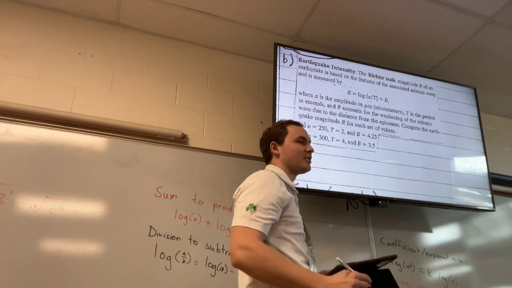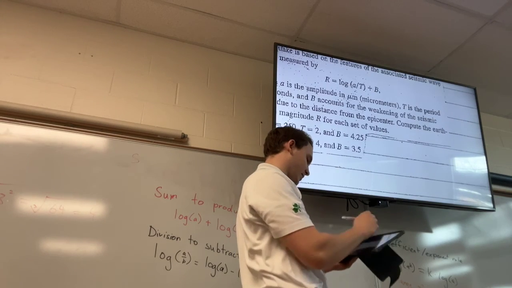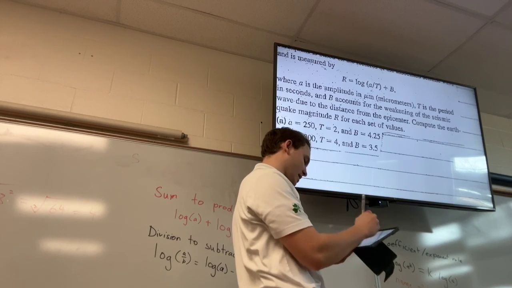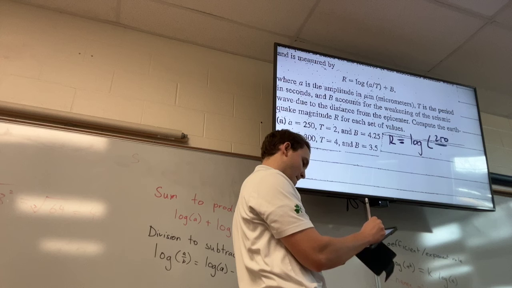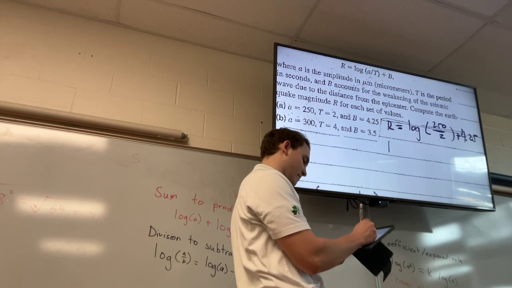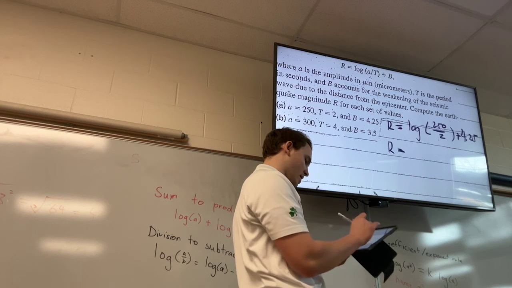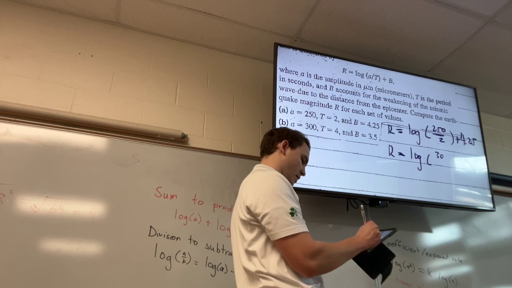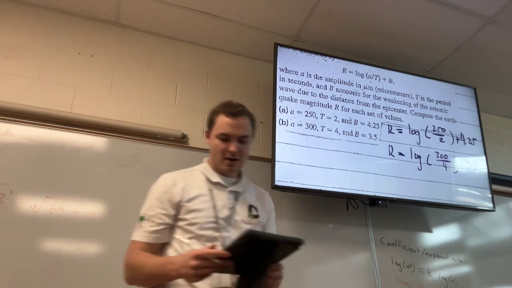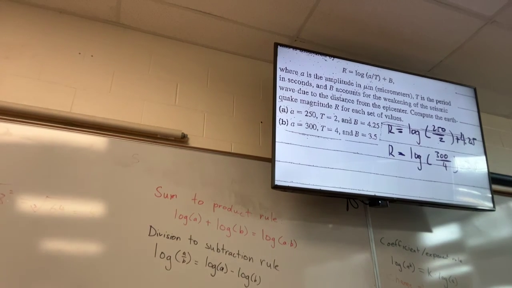For the first one, R equals log of 250 over 2 plus 4.25. Plug and chug that in your calculator. Second one is R equals log of 300 over 4 plus 3.5. Let's plug and chug that in our calculator.